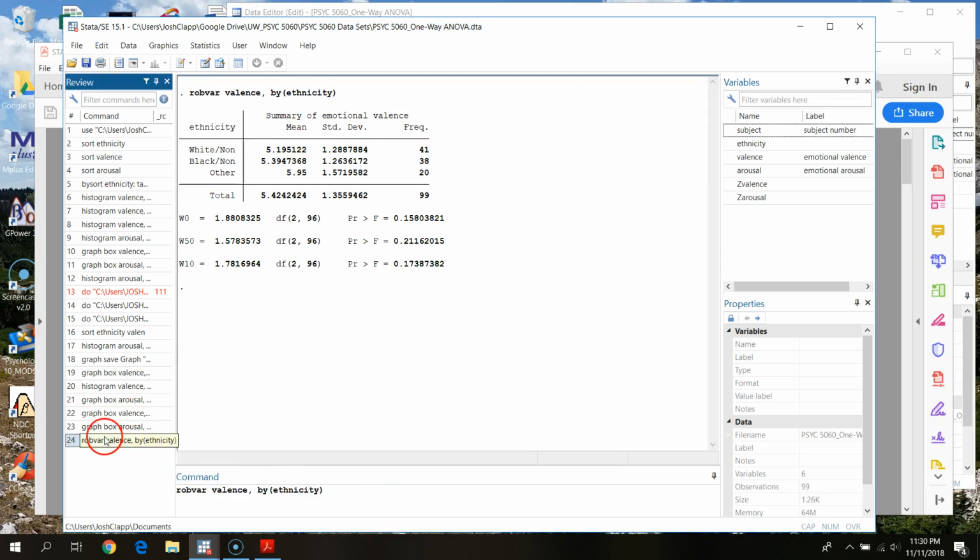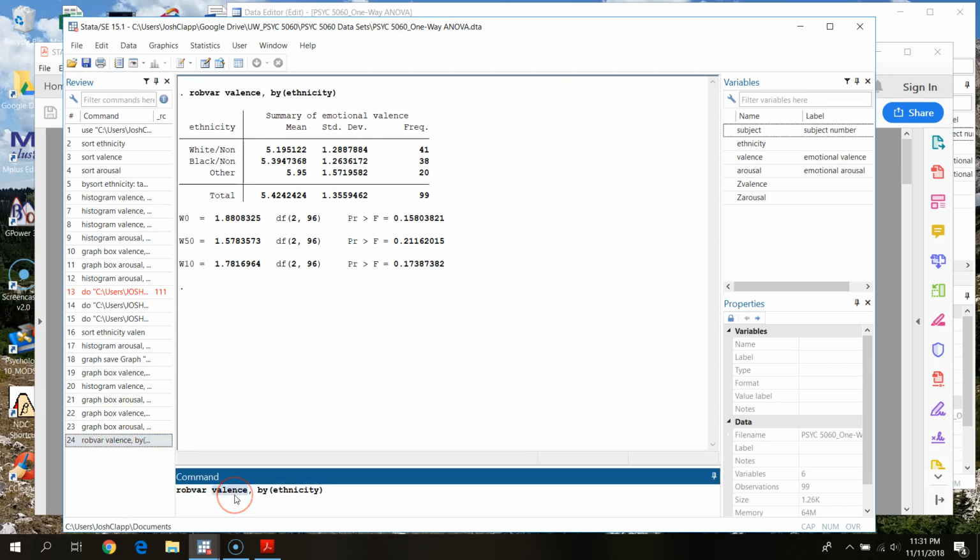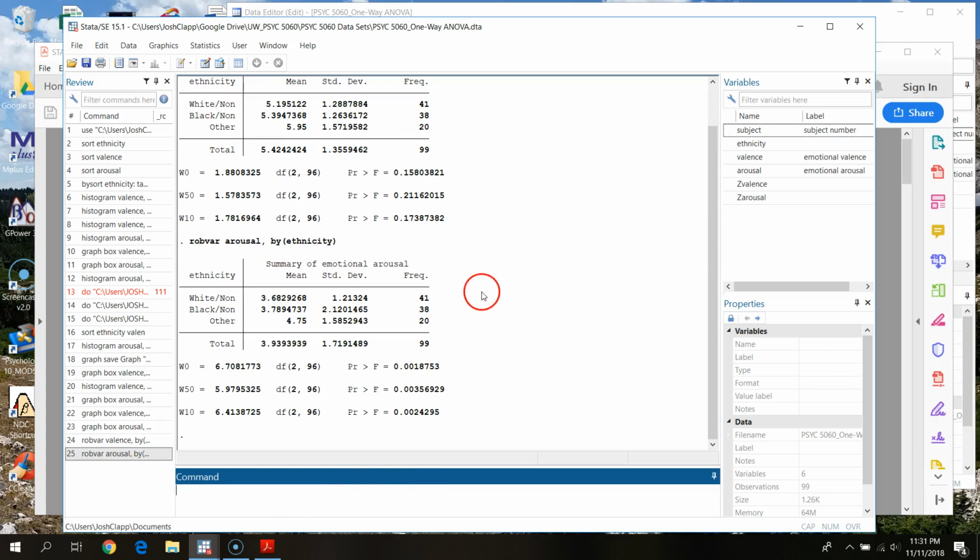So if I go through, click my last command, and then type in arousal there, and take a look here. Now we do see that we have a statistically significant Levene's test. Okay, and this is a little bit concerning again because our sample sizes differ from 41 to 20.